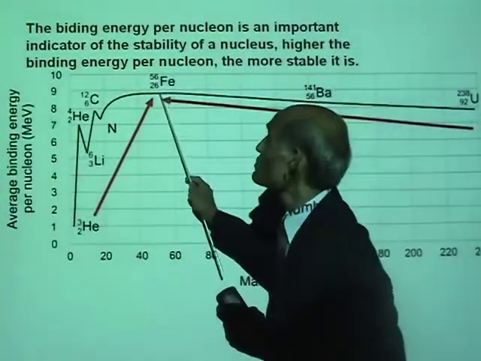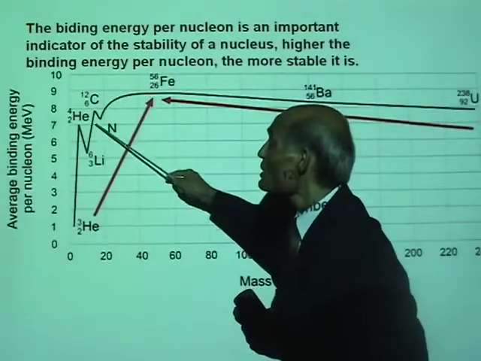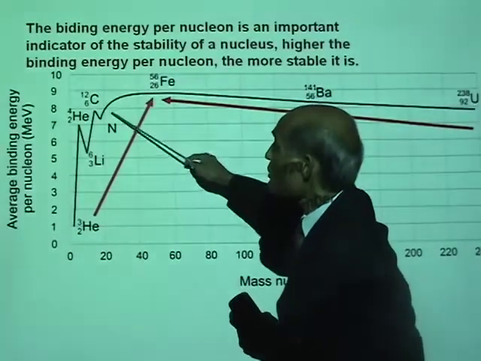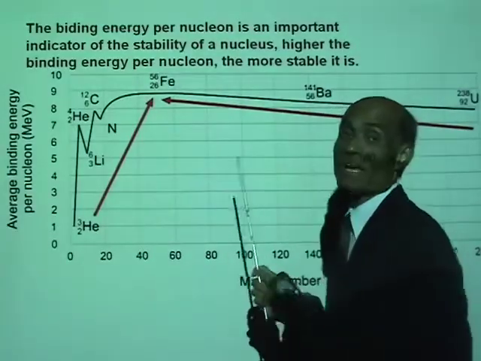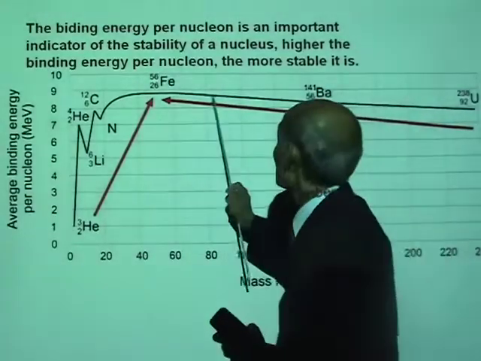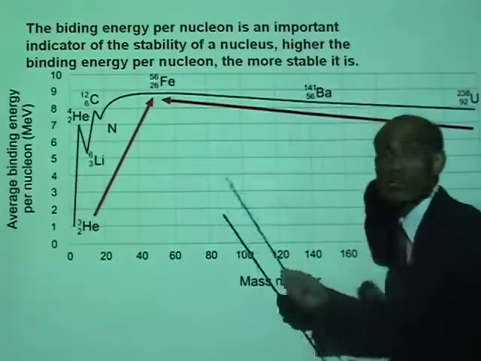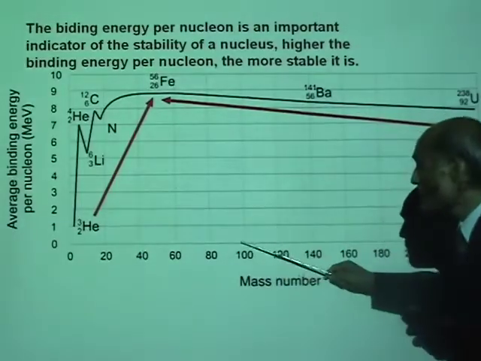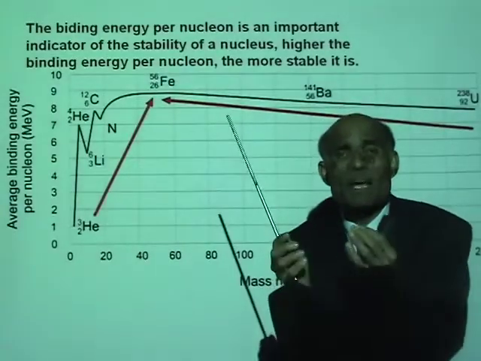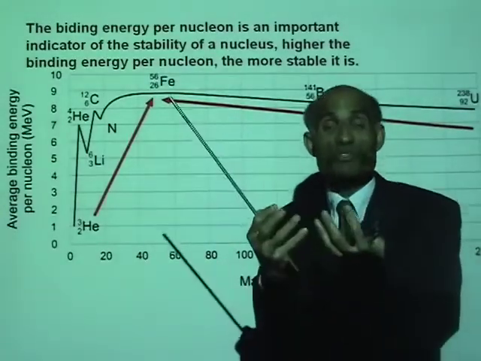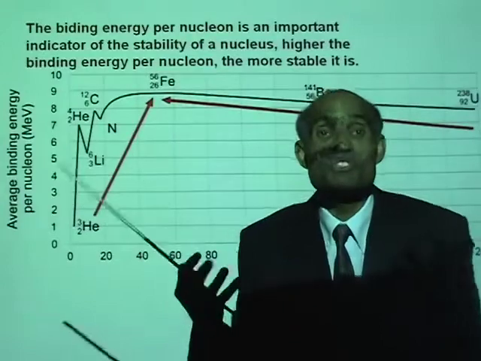As you can see, the binding energy per nucleon decreases on the left and also decreases on the right. That means as you go to the right, as the nucleus becomes bigger and bigger, binding energy per nucleon becomes less. And those nuclei are very unstable.